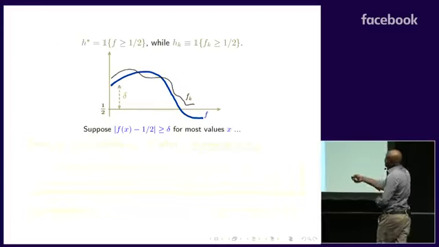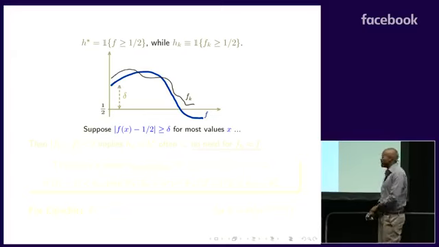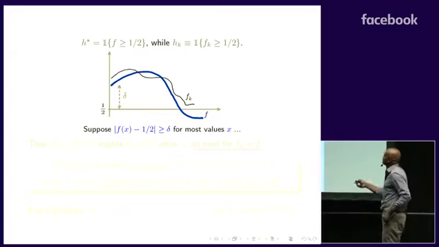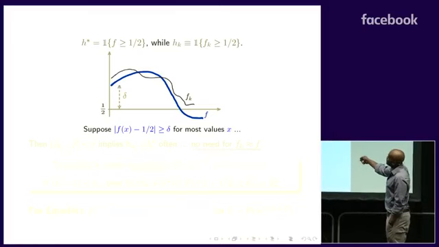So let's again look at the same cartoon. Now notice first the following thing. Suppose that f has margin delta nearly everywhere. f itself is not very close to 1/2. Let's say it's very far from 1/2.